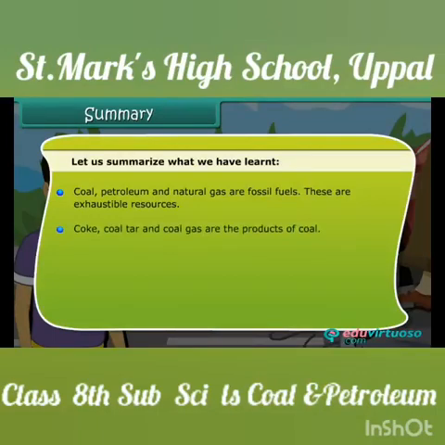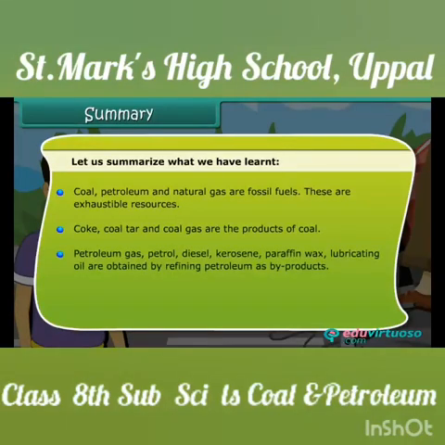Coke, coal tar, and coal gas are all products of coal. Petroleum gas, petrol, diesel, kerosene, paraffin wax, lubricating oil are obtained by refining petroleum as byproducts. We should use coal, petroleum, and CNG judiciously.